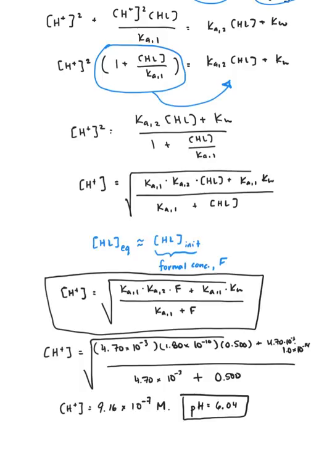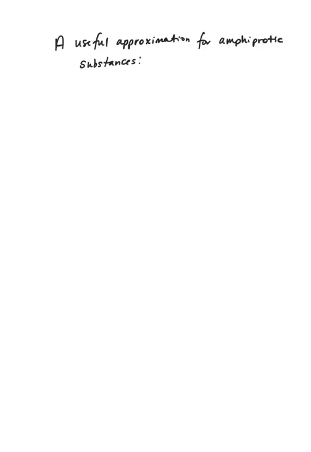But even still, there might be a more direct method, a shortcut way, to figure out what the concentration of H plus cations is in solution and make our lives easier when we're dealing with amphiprotic substances. So let's consider again the equation that we just derived.